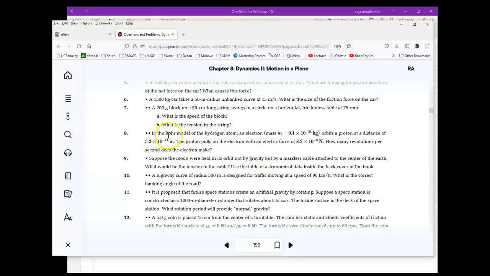It says the Bohr model of the hydrogen atom, an electron of mass 9.1 times 10 to the negative 31, orbits a proton at a distance of 5.3 times 10 to the negative 11. This is called the Bohr radius. The proton pulls the electron with a force, actually electrostatic force, equal to 8.2 times 10 to the negative 8 newton. How many revolutions per second does the electron have? Very interesting problem.